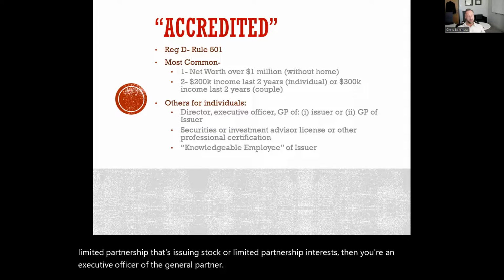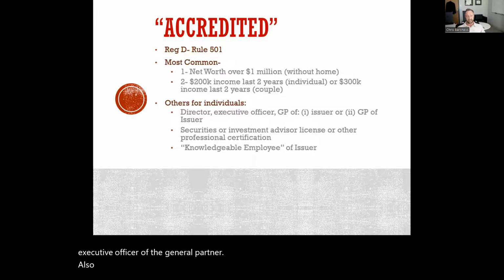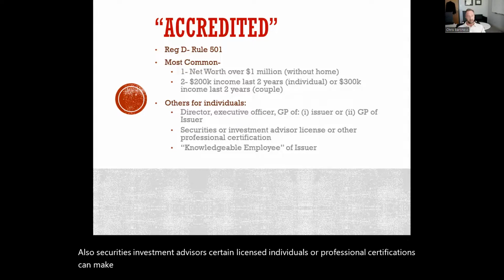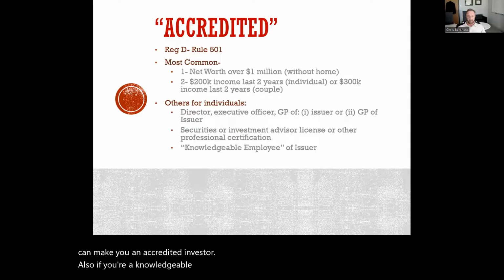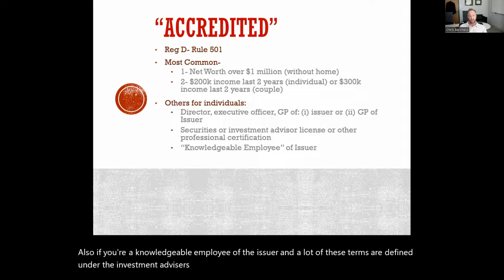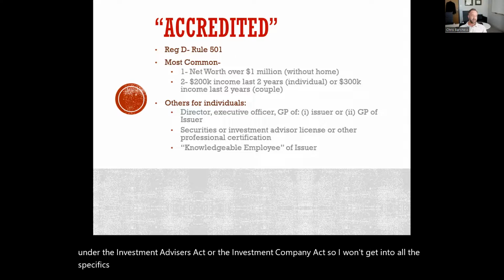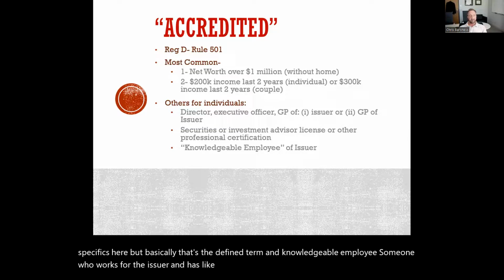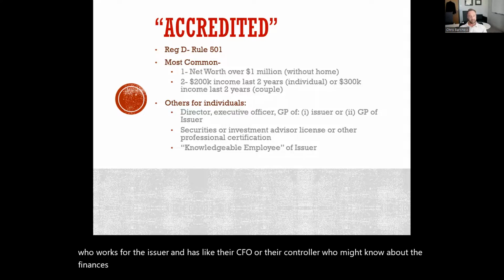Also, securities investment advisors, certain licensed individuals or professional certifications can make you an accredited investor. Also, if you're a knowledgeable employee of the issuer, and a lot of these terms are defined under the Investment Advisors Act or the Investment Company Act. So I won't get into all the specifics here, but basically that's the defined term, a knowledgeable employee, someone who works for the issuer, like their CFO or their controller, who might know about the finances and understand the business.